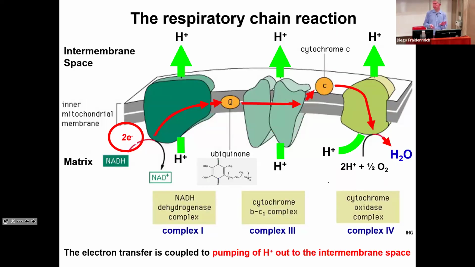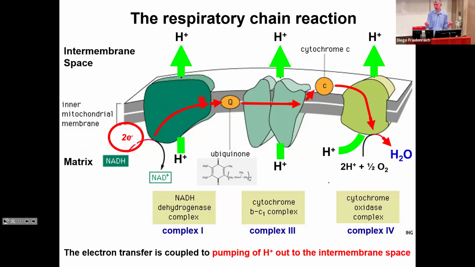When we go a little more into detail on the respiratory chain, these are multi-protein complexes. Most of these are encoded in the nucleus, translated in the cytosol, then transported into mitochondria.